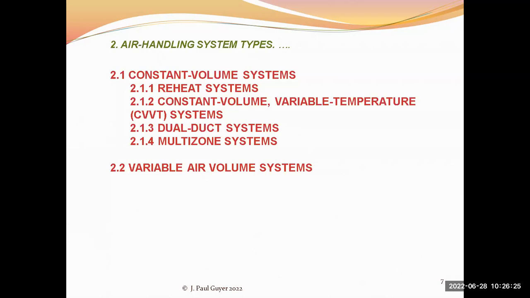And then when that cold air reaches a zone, just before the air discharges into the space, there is some kind of a heating element, usually an electric resistance heater, or it could be a little steam coil or hot water coil in it. But in any event, with constant volume systems with a reheat system, you're cooling the air down below the comfort point, and then you're heating it back up to the comfort point.